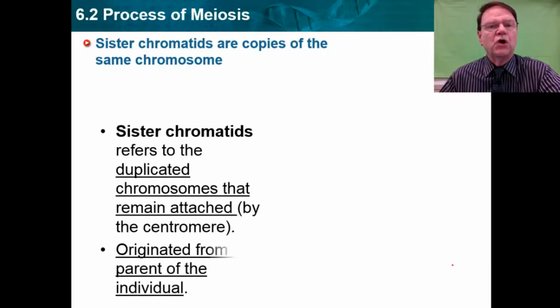And this, of course, also occurs in our sex organs. So sister chromatids are duplicated chromosomes that remain attached to each other throughout most of this process of meiosis. And these originated from the same parent of the individual.